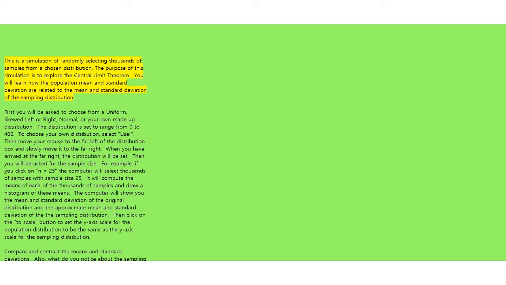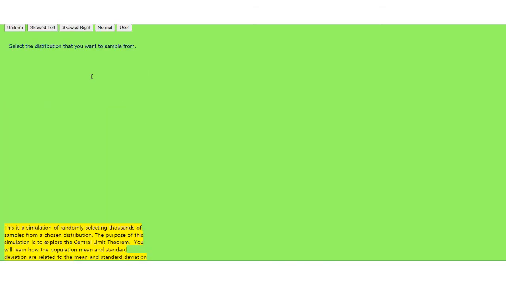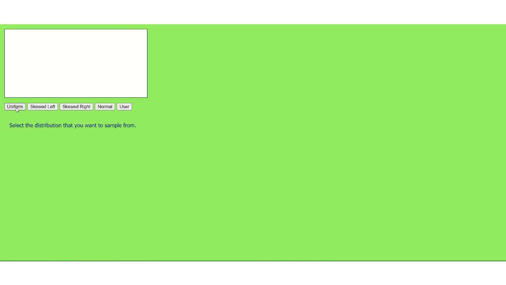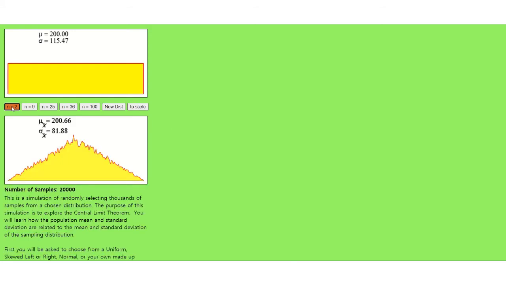You will learn how the population mean and standard deviation are related to the mean and standard deviation of the sampling distribution. So if the original distribution is a uniform distribution, it's like this. And if we have 2 samples, then the distribution of the mean of these two would look like this.